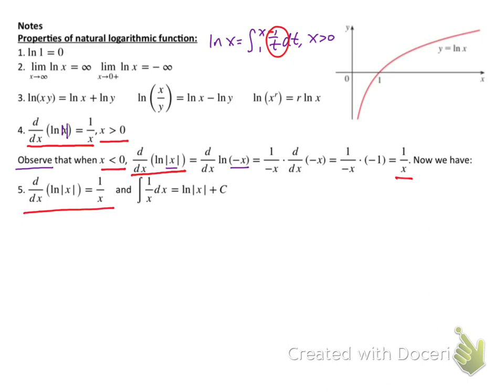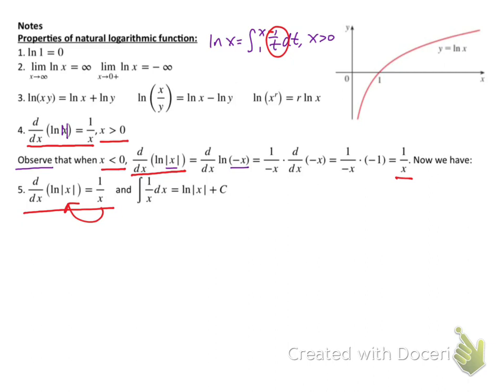And then the antiderivative of 1 over x goes backward. So the antiderivative of 1 over x is ln of the absolute value of x plus c. This completes our picture of the power rule.